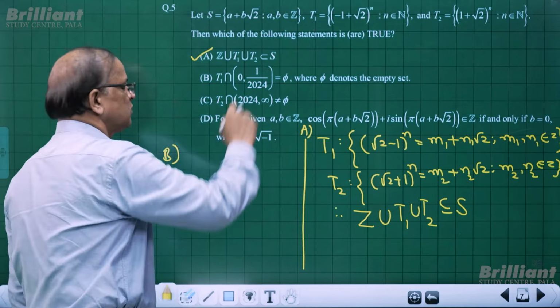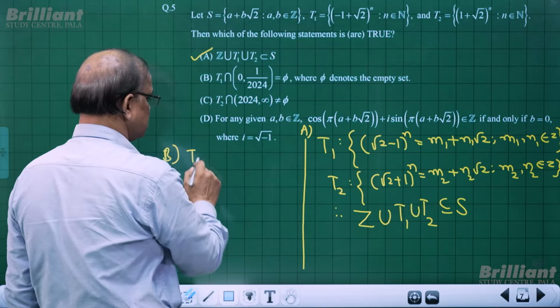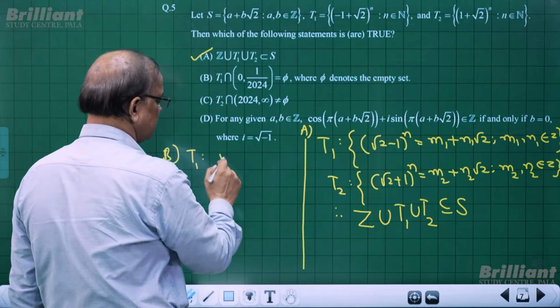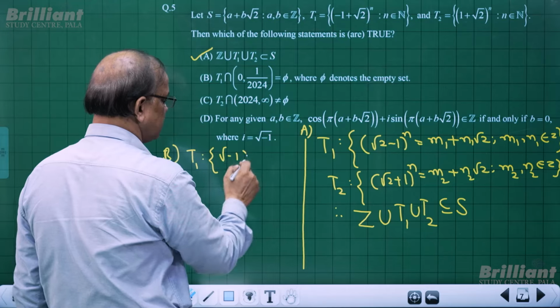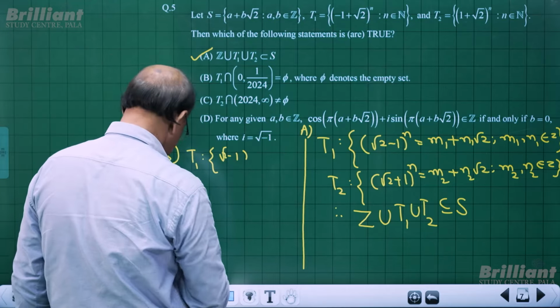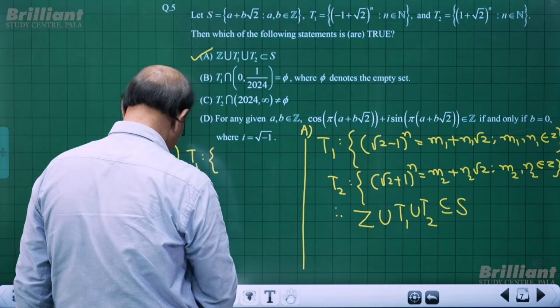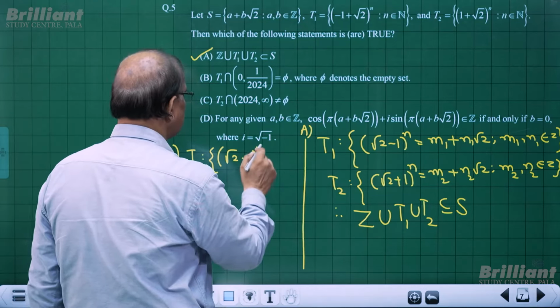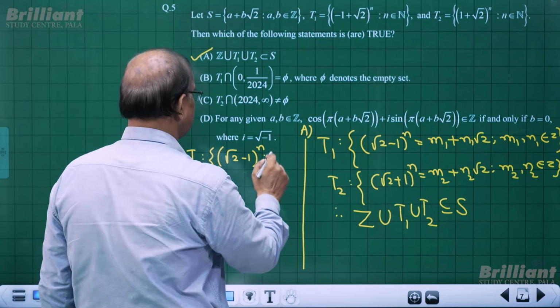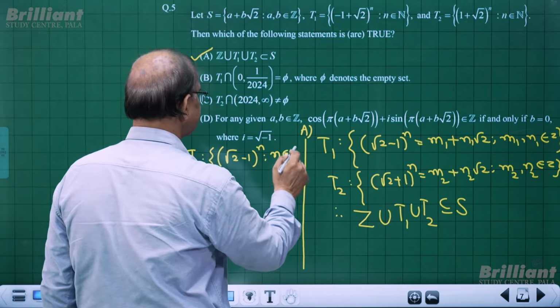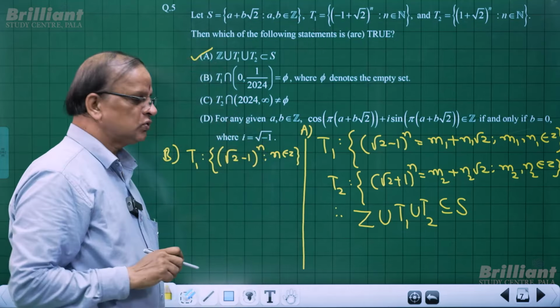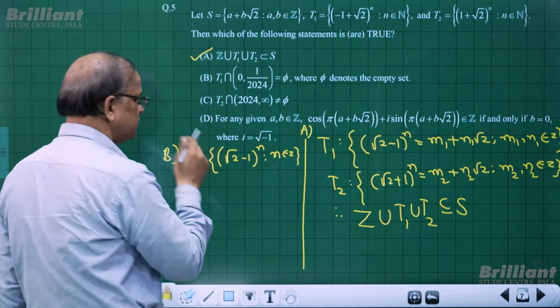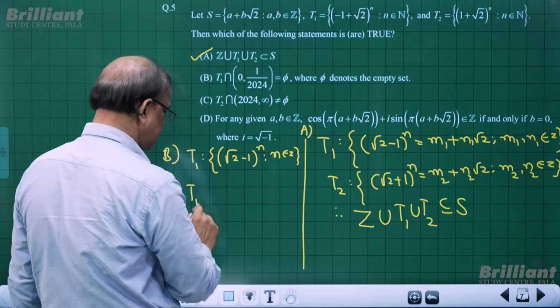So, what is T1? It is (√2 − 1)^n, where n belongs to Z, right. So this is equal to, I will take this as T1.